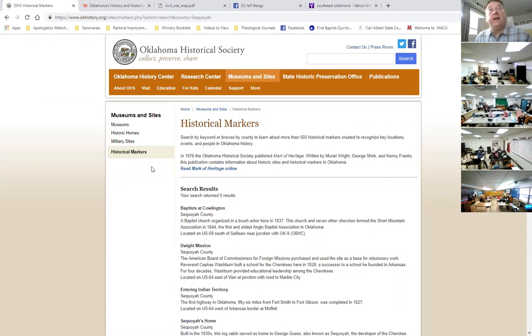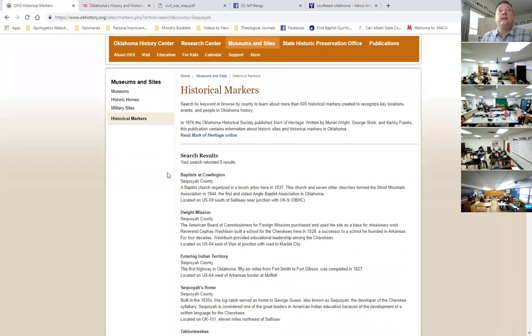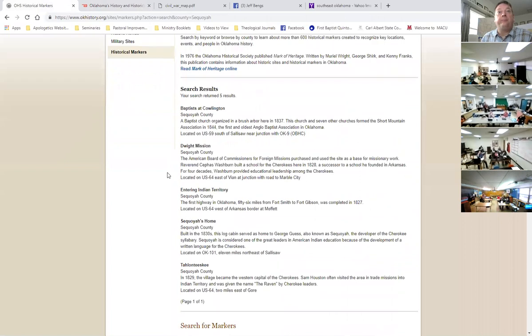So if you go to the Oklahoma Historical Society, they have a link to historical markers in the state. And so here are all the markers that are in Sequoyah County. There's 1, 2, 3, 4, 5 of them. So there's Sequoyah's home. So if you want to know about all the markers in your county, you can find it fairly easy.